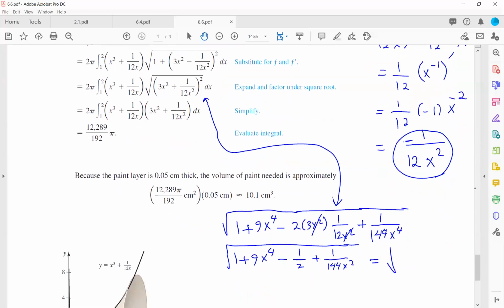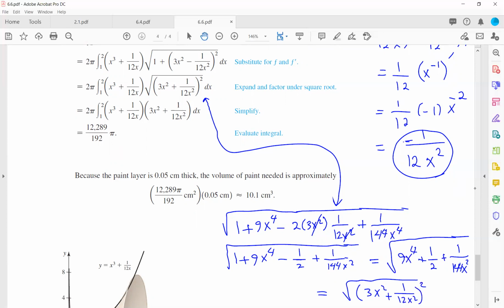You get square root of 9x to the fourth plus a half plus 1 over 144 x squared. If you complete the square, you get square root of 3x squared plus 1 over 12x squared raised to the second power. That's where this guy is coming from.